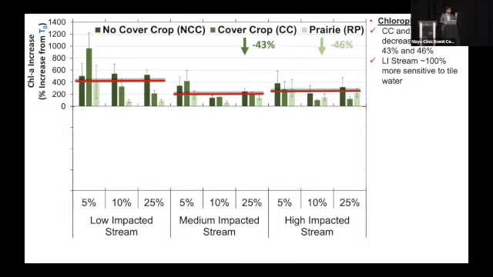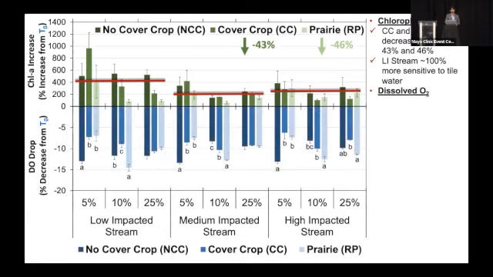Same thing is happening here with the low impacted stream, where our nitrate concentration is less than 5 ppm. If that gets exposed to these different types of tile water, depending on the management practices, it is going to be highly impacted compared to the medium or highly impacted streams.